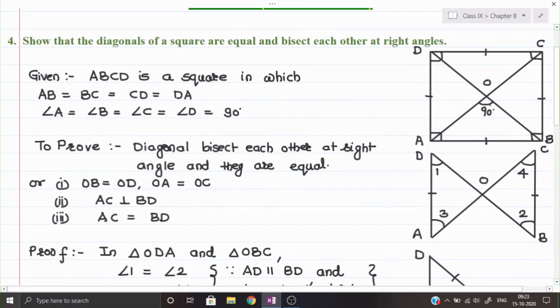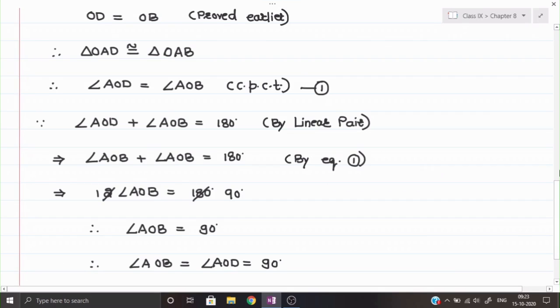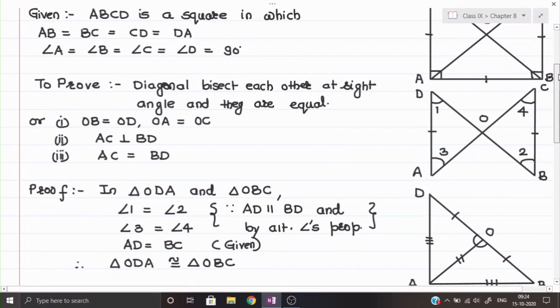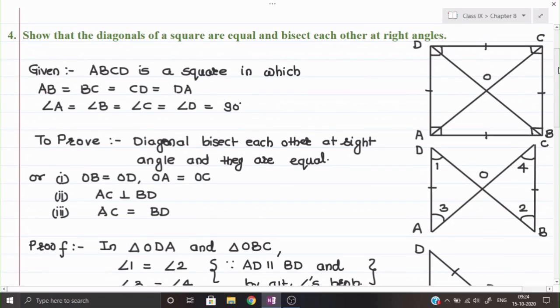So in front of that is angle COD, and we have also proved AOD is 90, so angle COB will also be 90 degrees here. So all the 4 angles are becoming 90 degrees, because if one angle is 90, the angle in front of it is a vertically opposite angle, and hence it will also be 90 degrees. AOB is 90, COD will also be 90 because it is a vertically opposite angle, and hence all the 4 angles will be 90 degrees each.